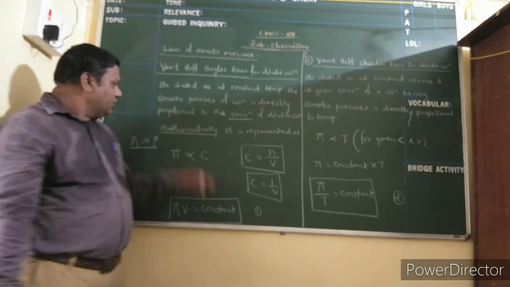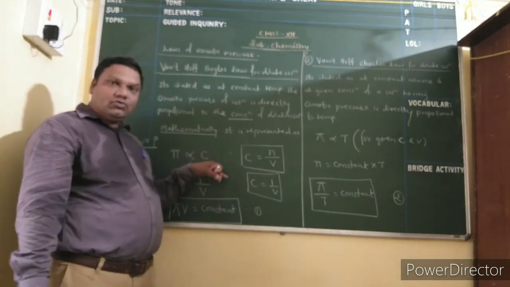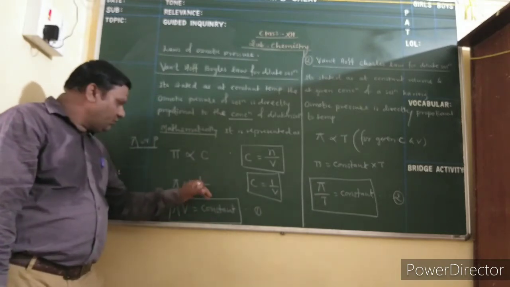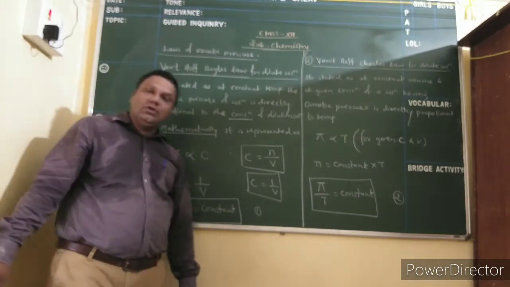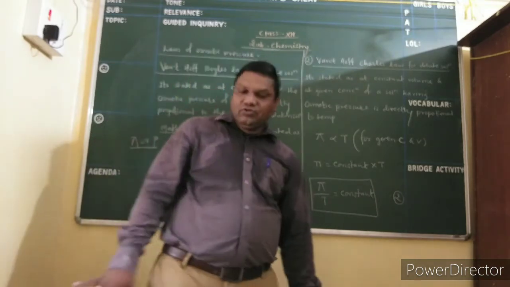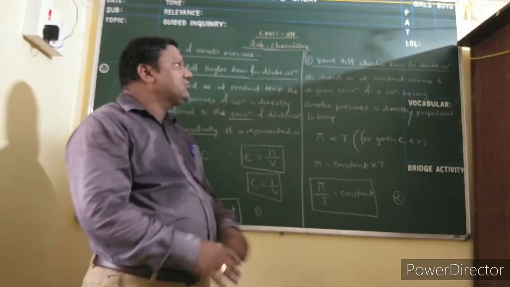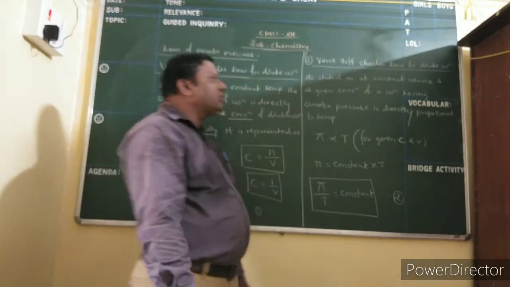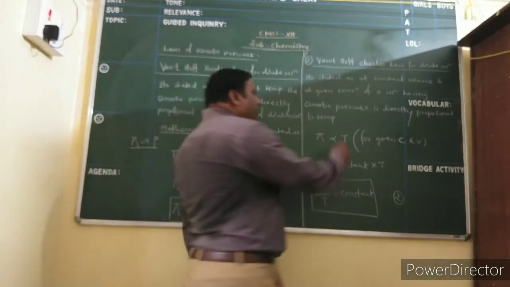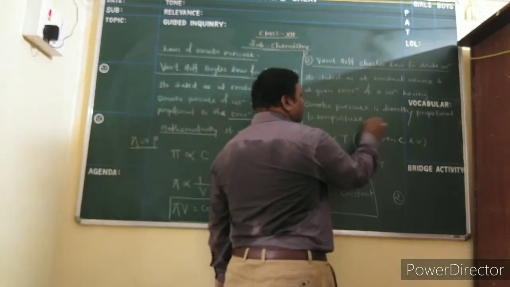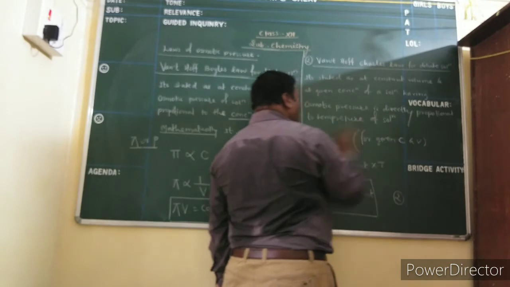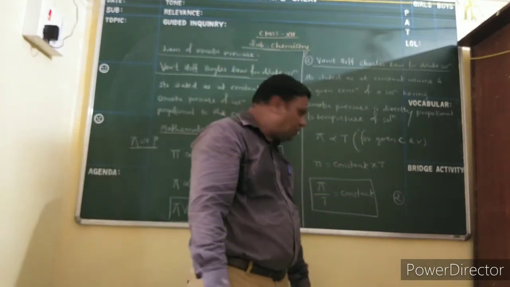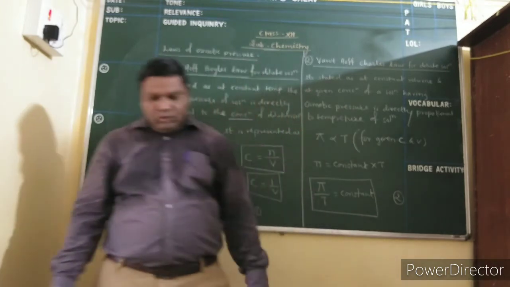So pi is inversely proportional to V, so pi V is equal to constant. Same thing for Van 't Hoff-Charles' law: at constant volume and given concentration of solution, the osmotic pressure is directly proportional to temperature of solution. So pi is directly proportional to T, therefore pi is equal to constant into T, so pi upon T is equal to constant.